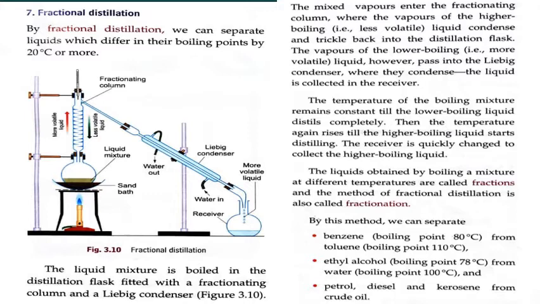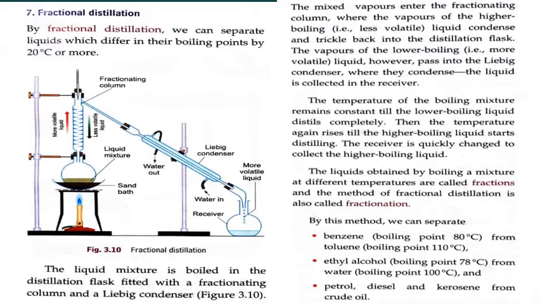If we start heating something, firstly 80 degrees Celsius will reach, or 100 degrees, of course 80 degrees Celsius. So the liquid which has the boiling point of 80 degrees Celsius will start boiling at that point and it will evaporate.